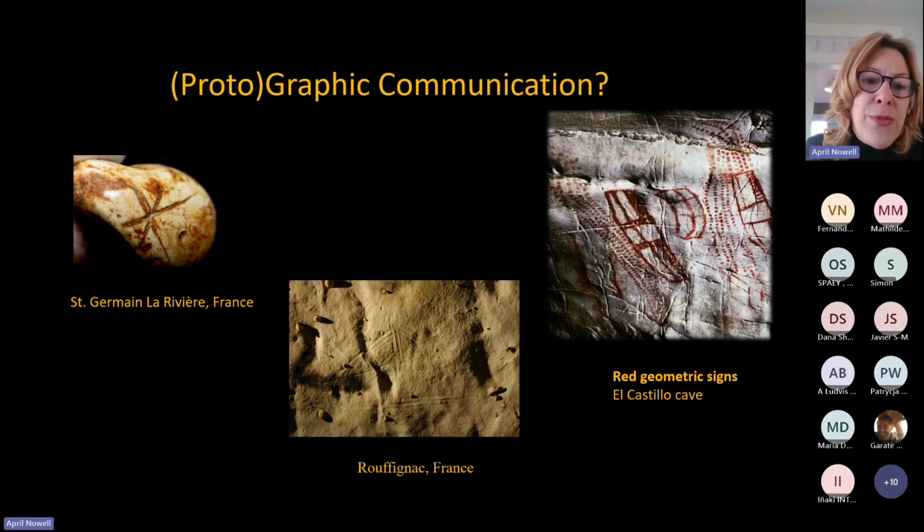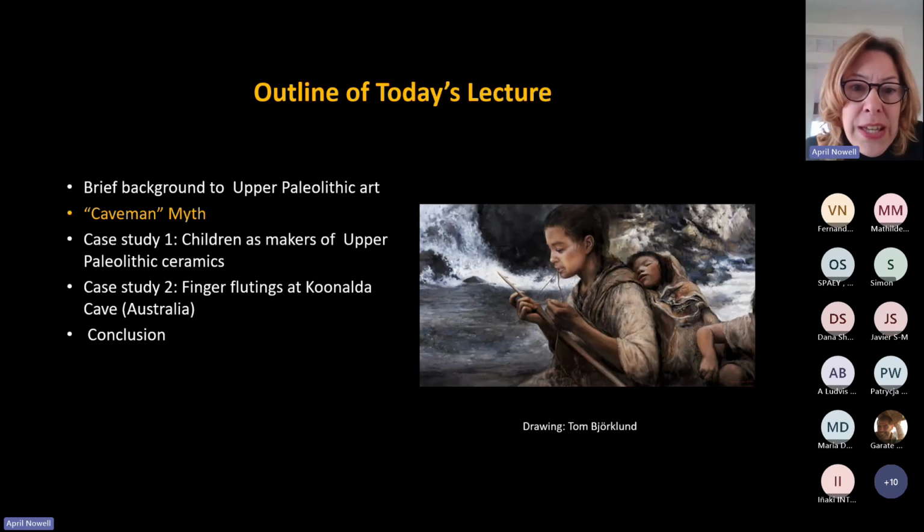And then of course we have all of the cave signs, and in Spain in particular, in some sites, these signs outnumber the other kinds of figurative images, or in fact some caves would have only these sorts of signs in them. So that, of course, is just the briefest overview of the richness and variety of the corpus of art that we're talking about today.